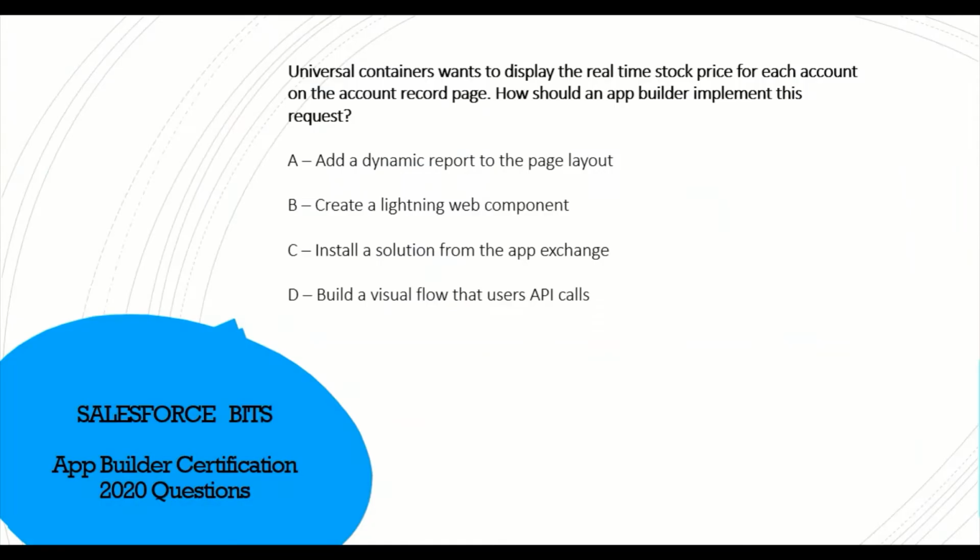So in terms of the easy approach to this question, I would go with answer C, because this is pretty easy, plug and play, and you get the stock price and show it on your account page. Building a visual flow that uses API calls is also possible, but compared to this option, it is way too complex. So C is the right answer for this.